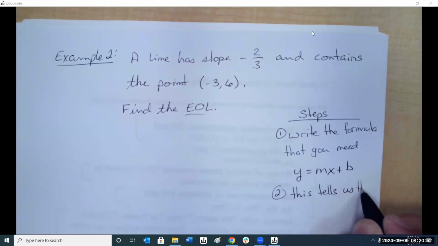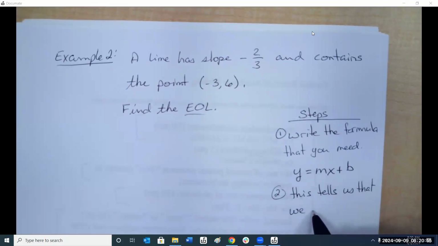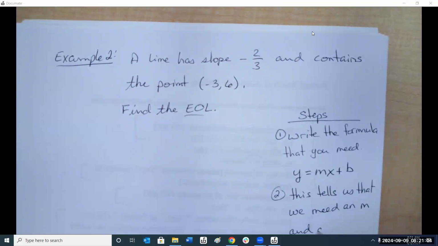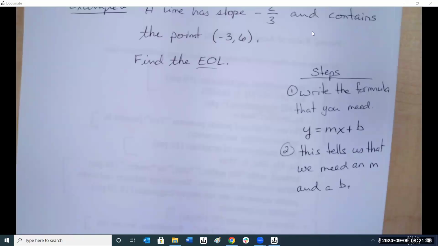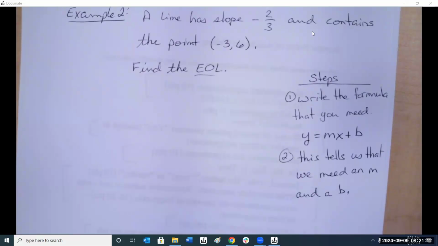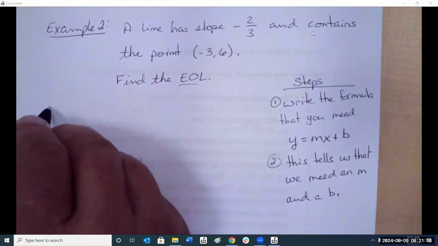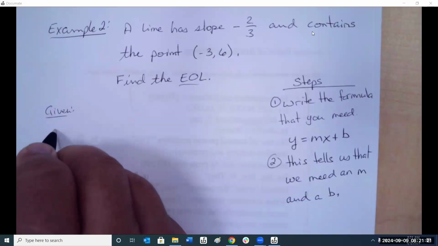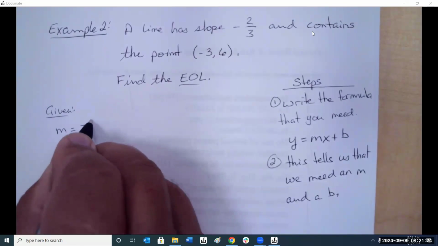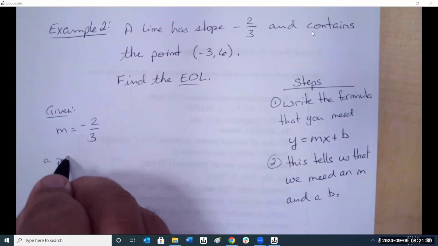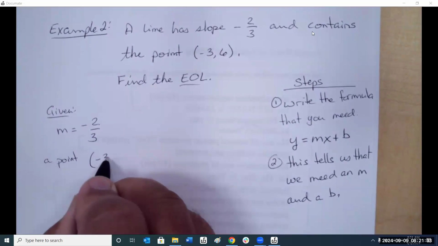This tells us that we need an m, the slope, and the letter b, which is the y-intercept. We're given the slope equals -2/3 and a point, -3, 6.